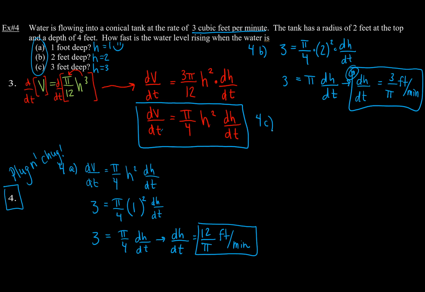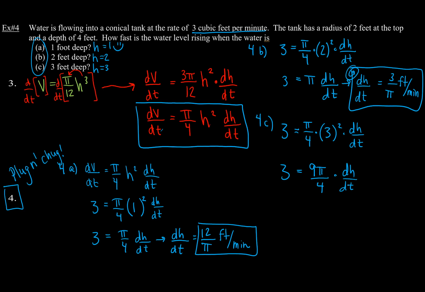For the last one, h is equal to 3 feet. So again, I'm going to take my derivative function. My change of volume with respect to time is 3. Pi over 4 goes along for the ride. h squared in this case is going to be 3 squared, and dh/dt is what I'm solving for. I end up with 3 equals 9 pi over 4 times dh/dt.